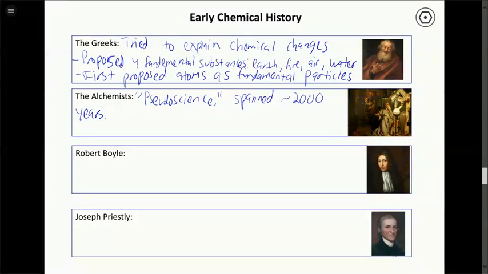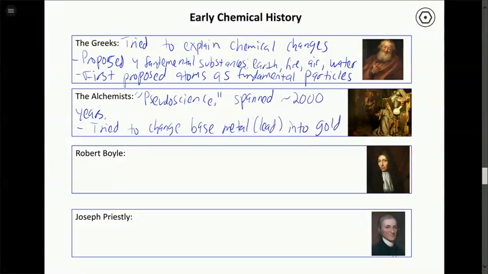And what they were really obsessed with is changing base metals, things like lead, into gold. Okay, so back then and today, gold was a status symbol of wealth. And so these alchemists wanted to take other things that were cheap and useless, like lead, and turn them into gold. Now we know today that you can't really do that, especially not with the ways that they were trying to do it.